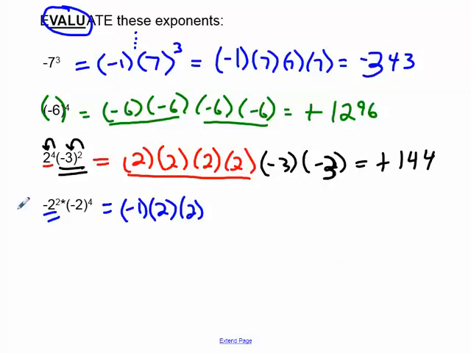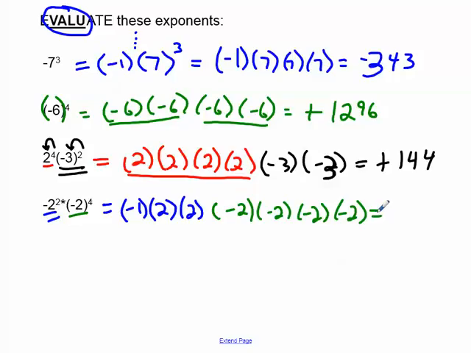The negative stays outside. Now keep in mind, for this one, -2 is inside the parentheses, so that is my base. So here I've got -2 times -2 times -2 times -2. I've got 1, 2, 3, 4 of them because my exponent of 4 tells me to multiply my base by itself 4 times.